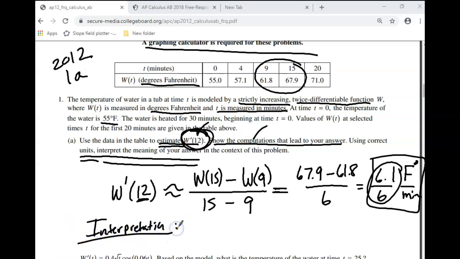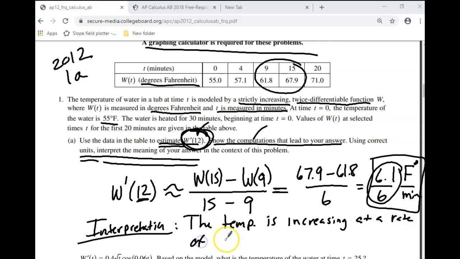Ready? The temperature is going up. Well, I guess we should say increasing. Sorry. And by the way, I would say that it's increasing because it's a positive rate of change. The temperature is increasing at a rate of 6.1 over 6 degrees Fahrenheit per minute when t equals 12.